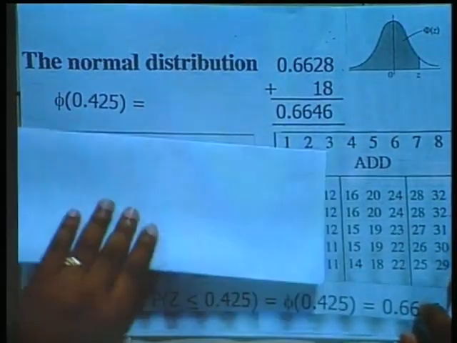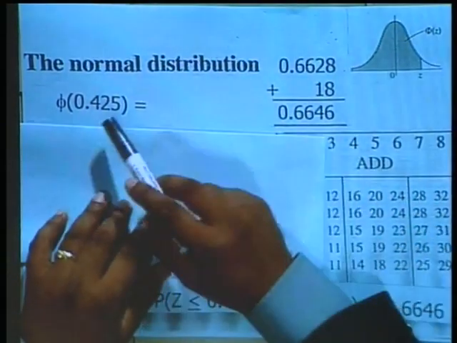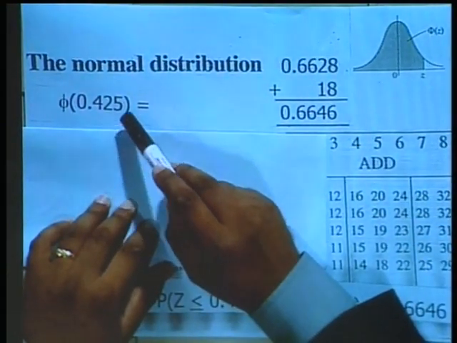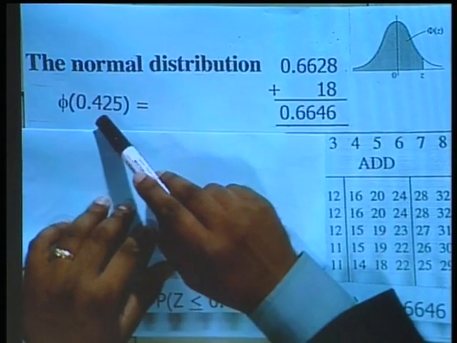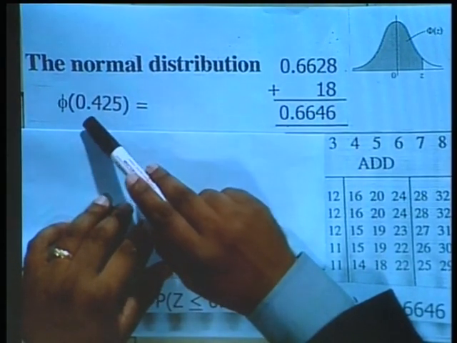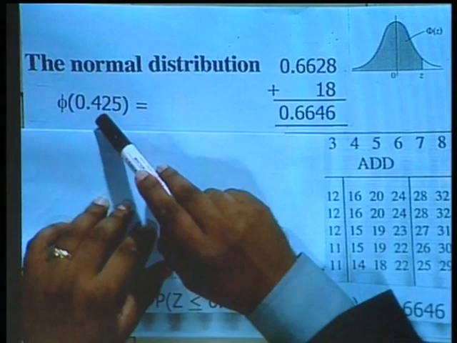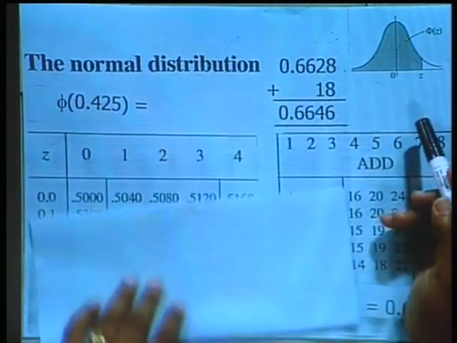Let's take another example which will illustrate how to use all the values given in the table. Suppose that we have to find phi of 0.425. It means that the value of z here is 0.425.